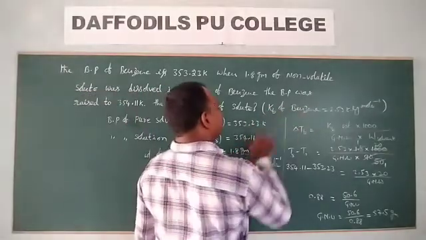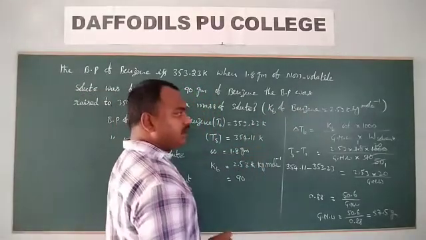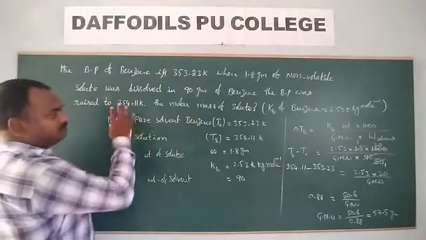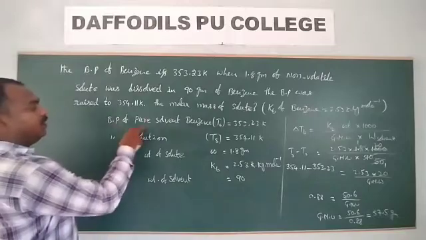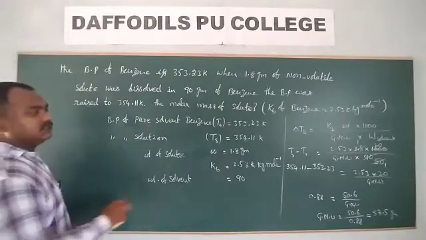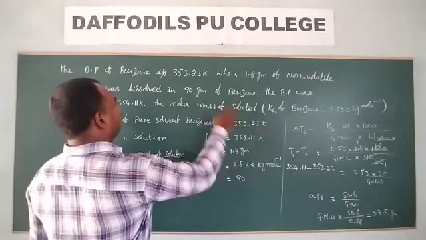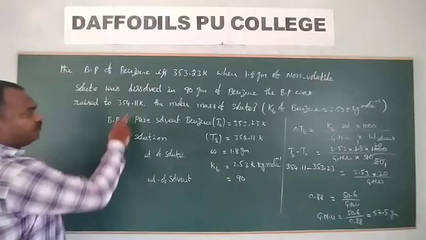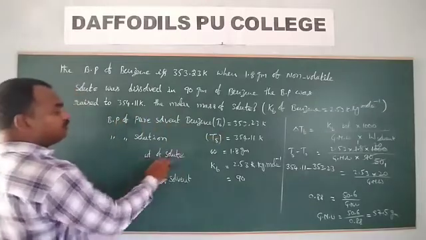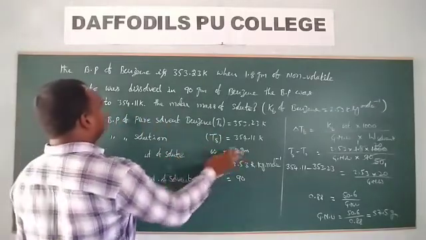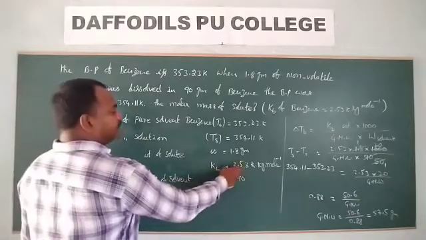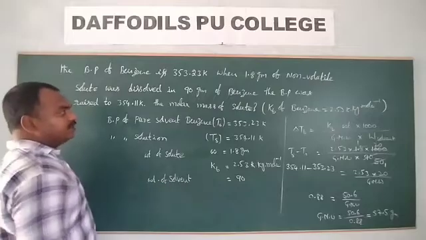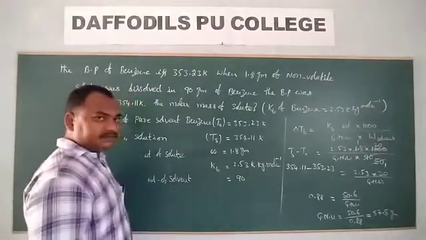Kb of benzene is given 2.53 Kelvin kg mole inverse. So write down all the data which is given in the problem. Boiling point of pure benzene is 353.23. Boiling point of the solution is 354.11 Kelvins. Weight of solute 1.8 grams. Kb 2.53 given in the problem. Weight of the solvent is 90.